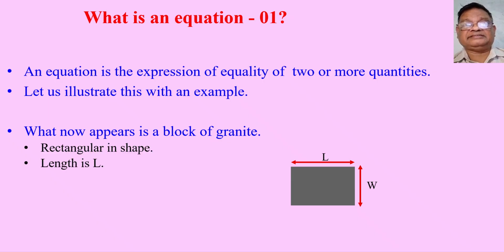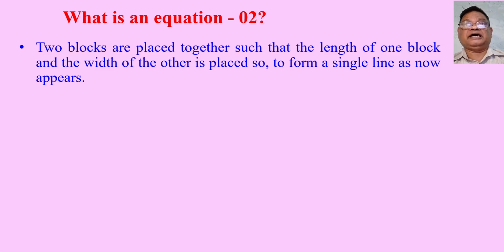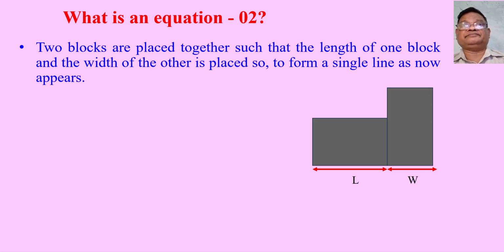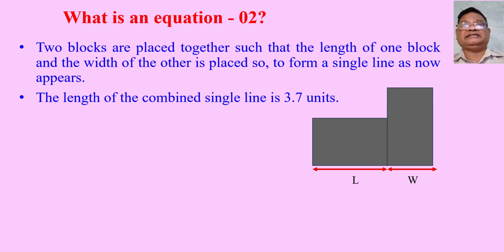Its length is denoted by capital L and the width is denoted by capital W. Two such blocks are placed together such that the length of one block and the width of the other block are placed so as to form a single line, as now shown. The length of the combined single line is 3.7 units. Clearly, L plus W is equal to 3.7.